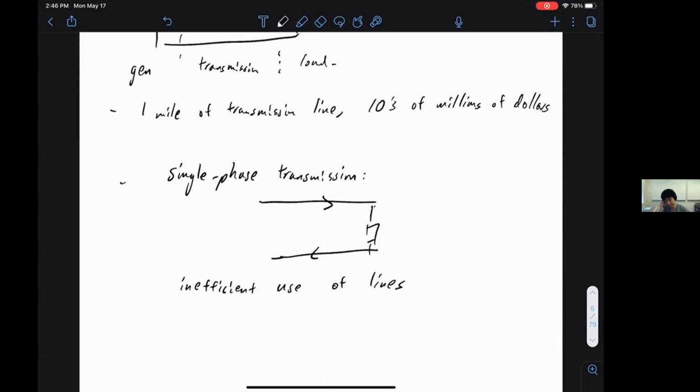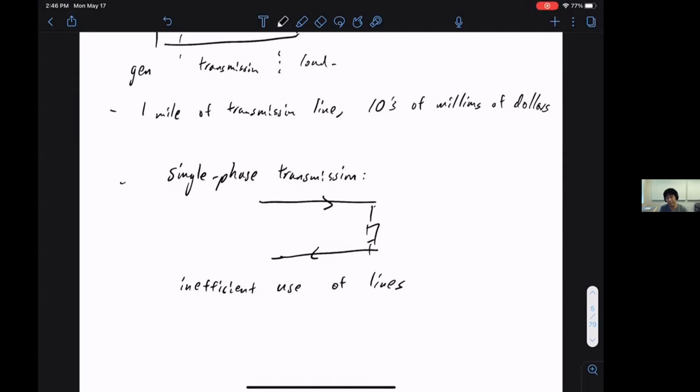So Alex has a question in the chat: is the cost for long distance transmission line, transmission in general? So the tens of millions of dollars is for high voltage lines, right? The lines going from the substation to your home are relatively cheaper, although not by that much, in the hundreds of thousands or $1 million range.